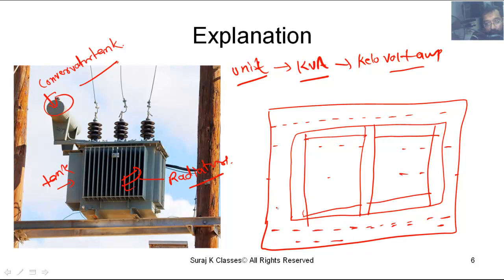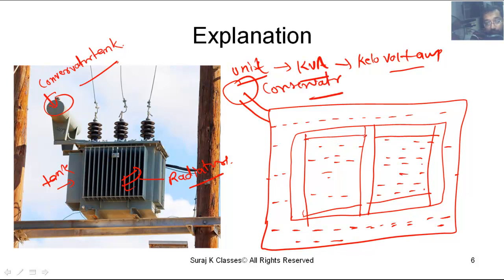Oil is a good dielectric medium, used just to prevent any sparking or hazard through the windings or internal short circuiting. Oil has a good capacity to resist any current spark or internal short circuits. So this oil is filled inside the tank of the transformer, and there is one conservator tank. This is your conservator tank.